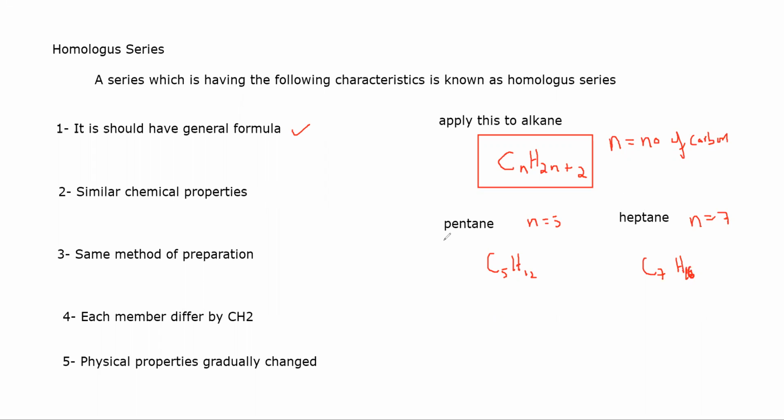Even for example, pentane is C5H12. If it reacts with chlorine, it's a substitution reaction. One of the hydrogens is replaced by chlorine, so it will form C5H11Cl plus HCl. If I use another alkane, for example heptane, heptane is C7H16.